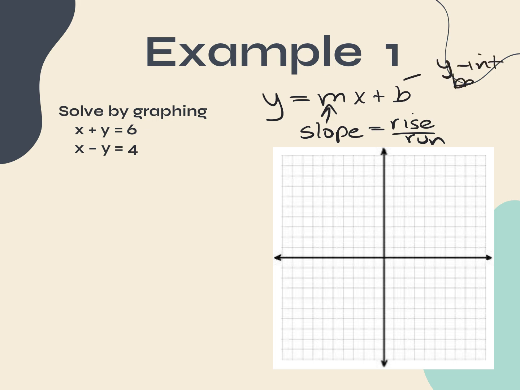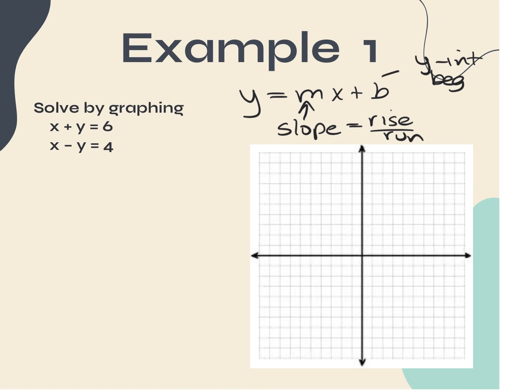This is going to be our beginning point that we graph. Now, the other way that you can also graph these lines is by finding the x and the y-intercepts. You could plug in zeros. But today I'm just going to put them into y equals mx plus b form, because that's what we already learned how to do when we were talking about parallel and perpendicular lines.